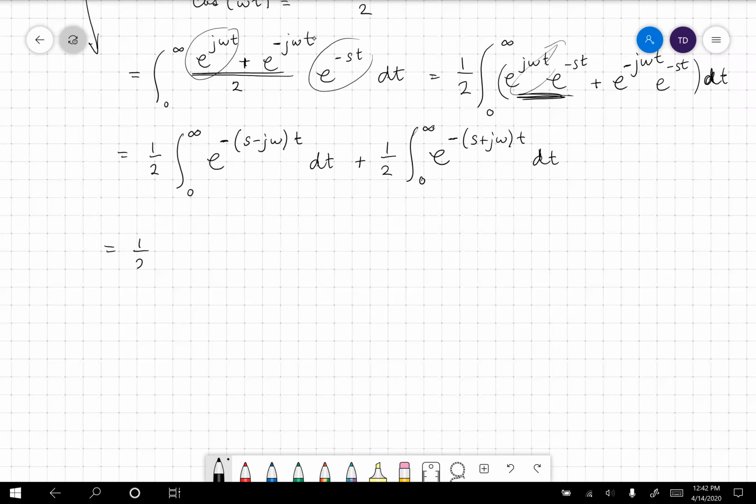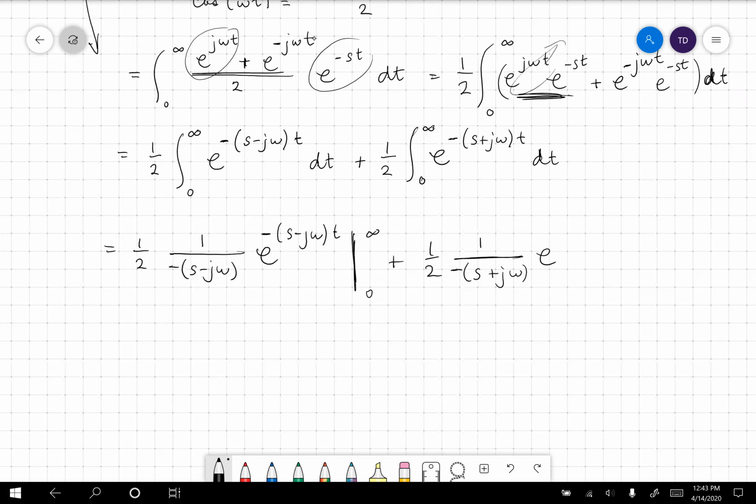Equals 1/2, leave that there. 1 over minus s minus j omega, all times e to the minus s minus j omega times t, evaluated from 0 to infinity, plus 1/2 times 1 over minus s plus j omega, e to the minus s plus j omega times t, and that one is evaluated from 0 to infinity.